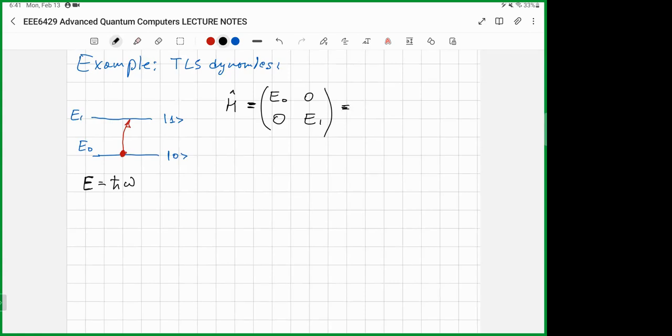So the same I can rewrite as h bar times the matrix with omega 0, which is the angular frequency of the 0 state, then 0 here, 0 here, and omega 1. Right.